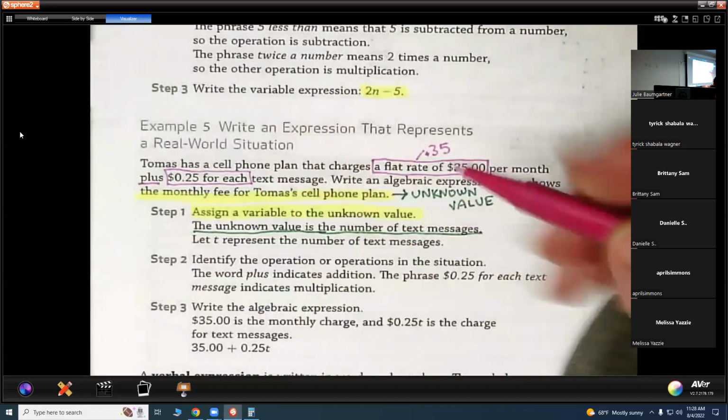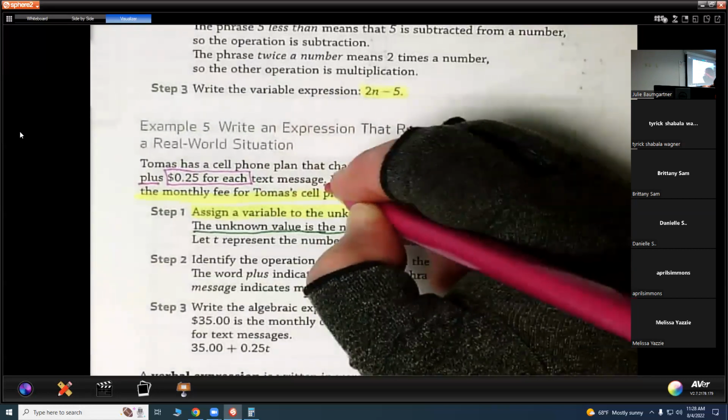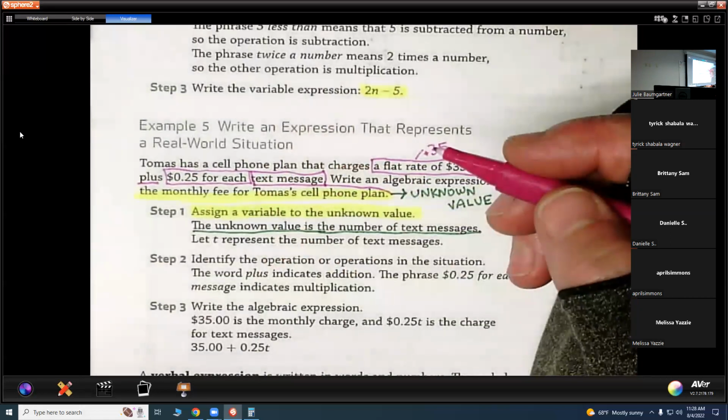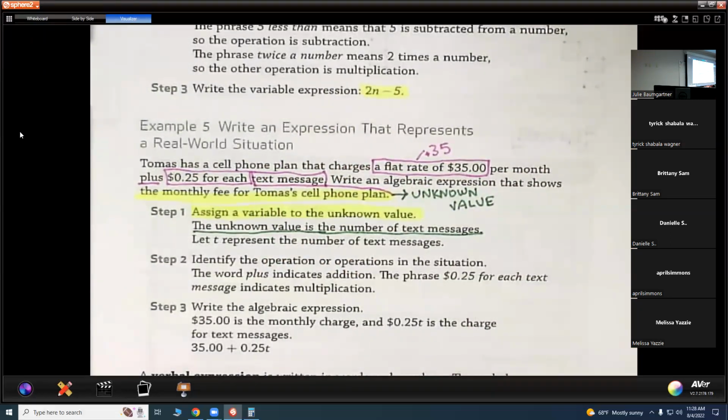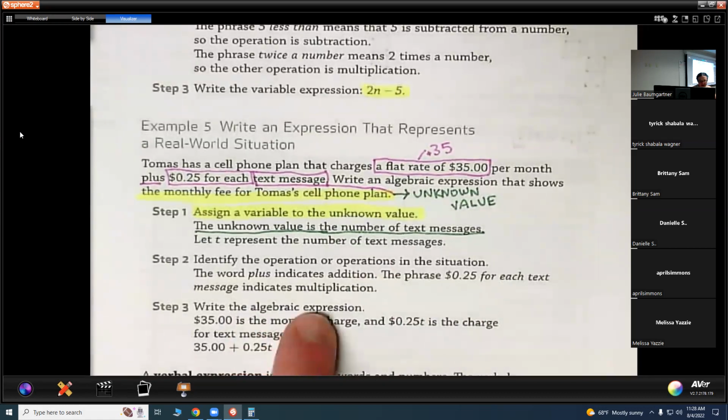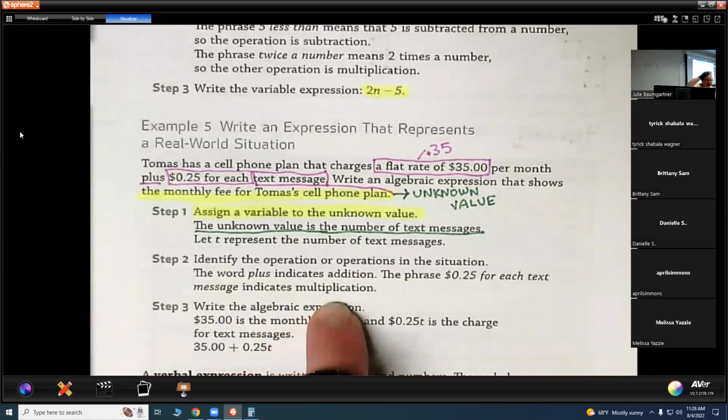So remember that our text message is our unknown value, okay? So for each text message indicates multiplication. Hopefully everyone's getting that sense. There's always something per whatever, that's always multiplying. We're doing some kind of unit rates, so we have to multiply.